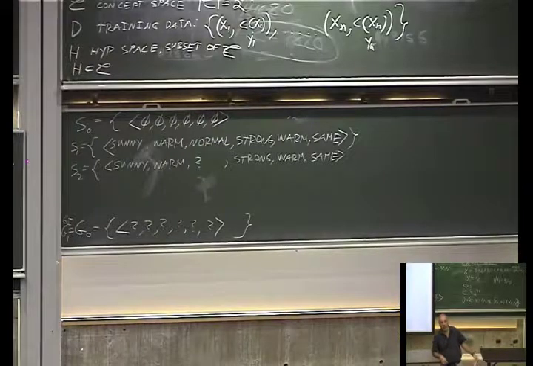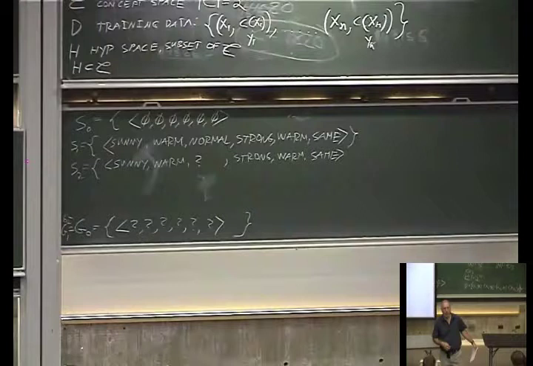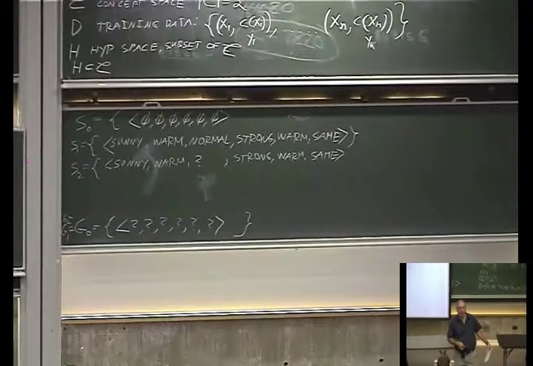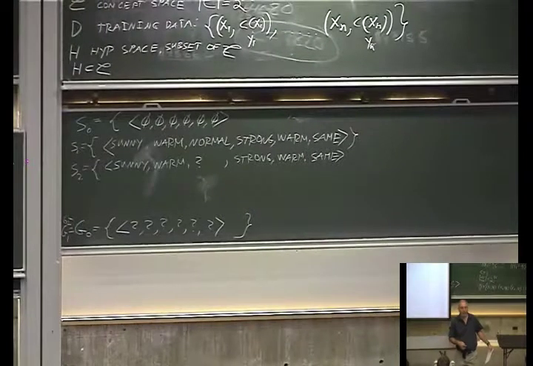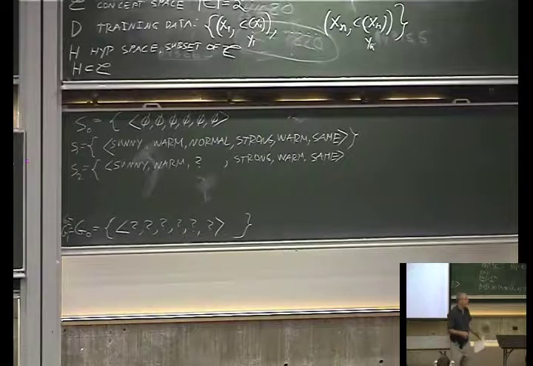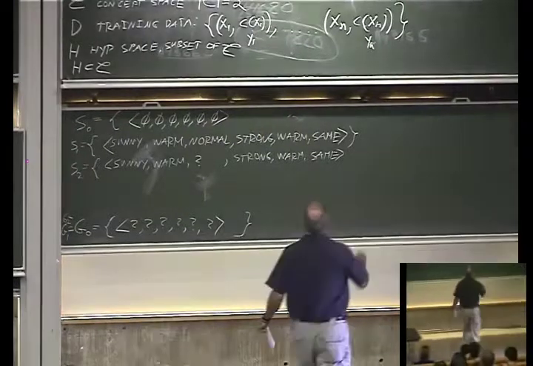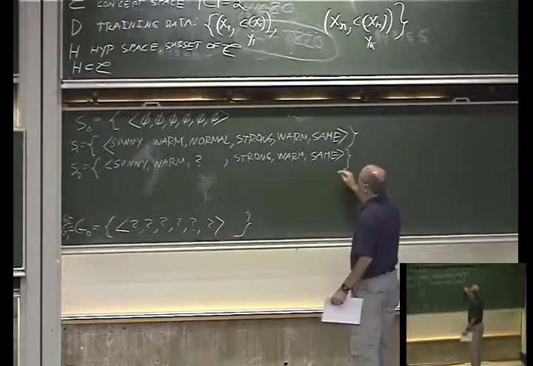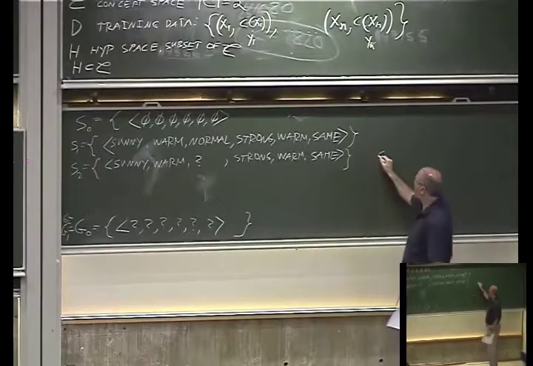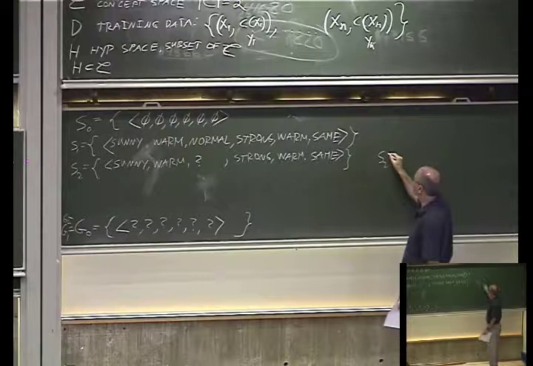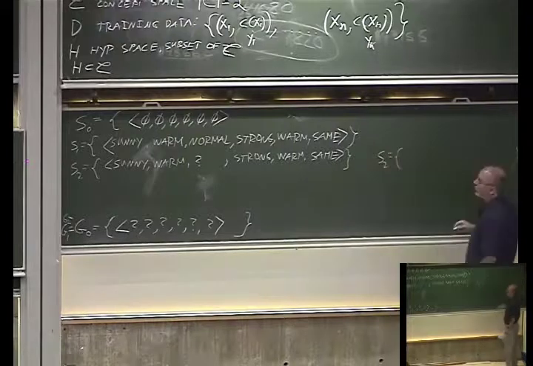Yes? So can't we include two examples, one with normal and one with high, instead of making it don't care? Suppose you're asking if you can have two things.